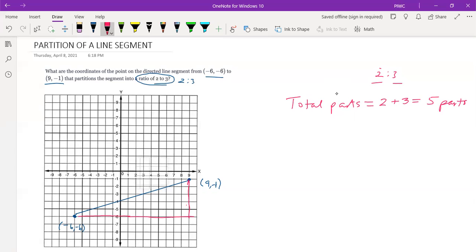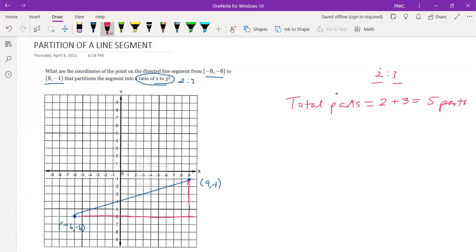So we divide the horizontal line, that's the distance between the 2 x points, into 5 parts. Okay. So how many units do you have? What's the distance between the 2 points? We have 1, 2, 3, 4, 5, 6, 7, 8, 9, 10, 11, 12, 13, 14, 15. So we have 15 divisions between the two x values. In other words, it's 9 minus -6, right?